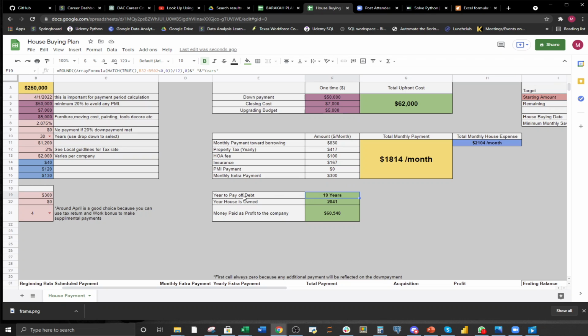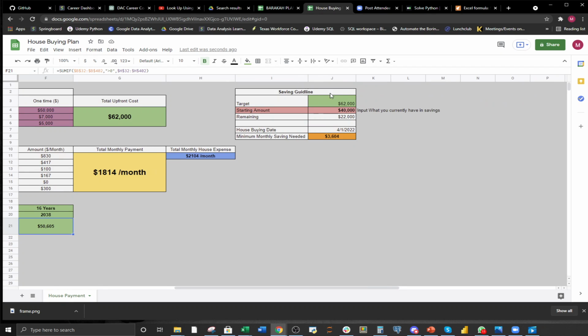And this number is where you'll be able to see, as I already talked about, how long your debt payment is going to take you, depending on how you choose to pay, for example 2,000 and then 16 or so. And this shows by which year you'll be able to own your house and pay off your debts. And this number shows you how much you're actually paying to that company as a profit.